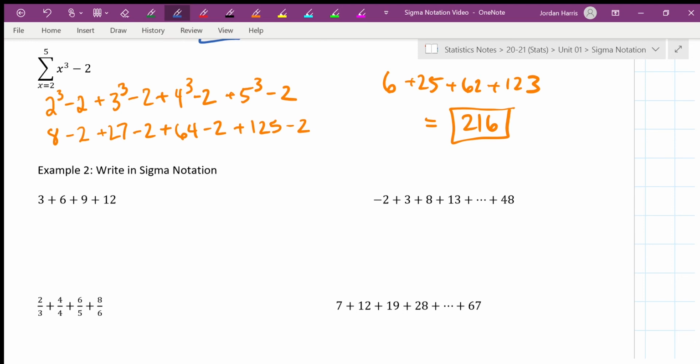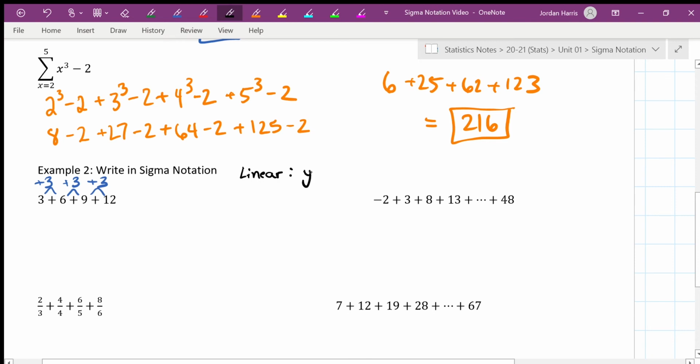So this first one, it's really simple. We've got to look for a pattern. Okay, so I'm going to look at what's happening between each number. I'm noticing that each number is going up by 3. That would give us a linear relationship. So if it's always changing by the same amount, it is a linear relationship. Hopefully you remember linear graphs: y equals mx plus b.